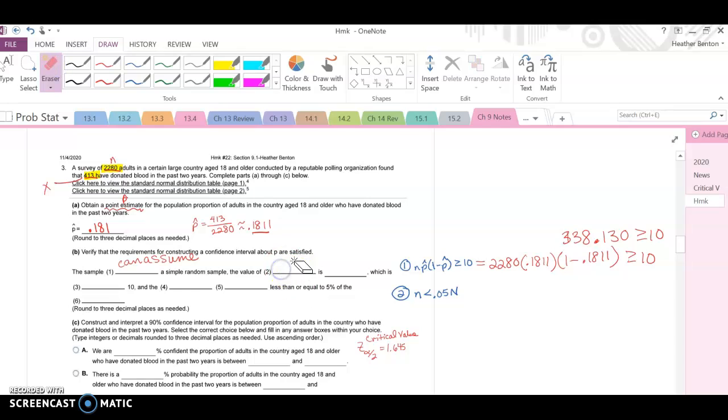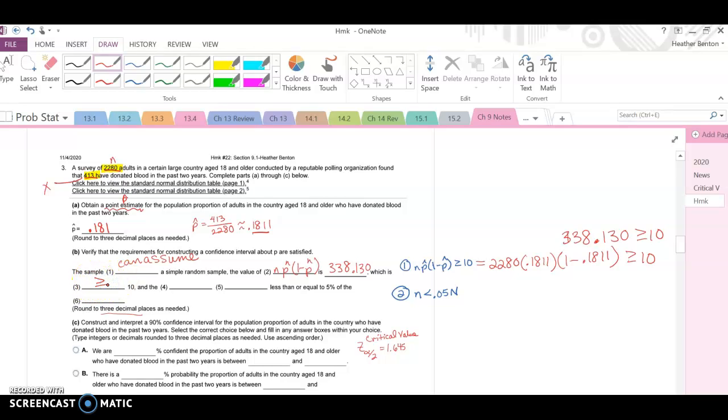Here they wanted us to put the formula, the n times p hat times 1 minus p hat came out to be 338, to 3 decimal places, 338.130, which is greater than or equal to 10.